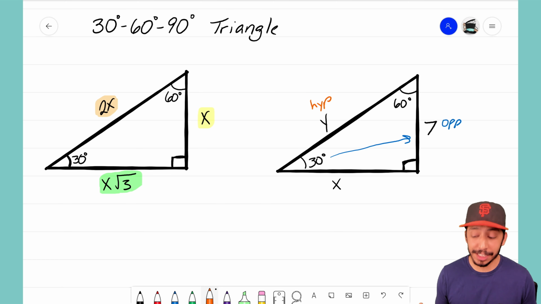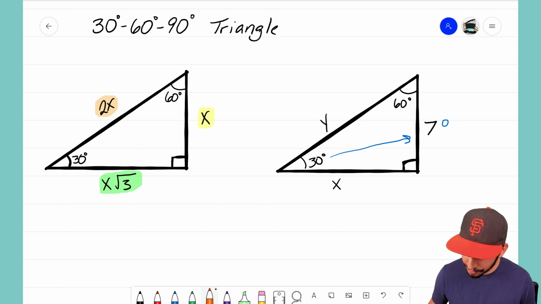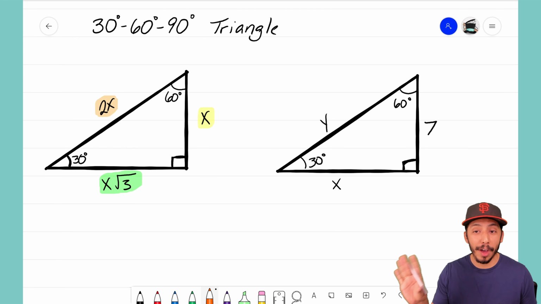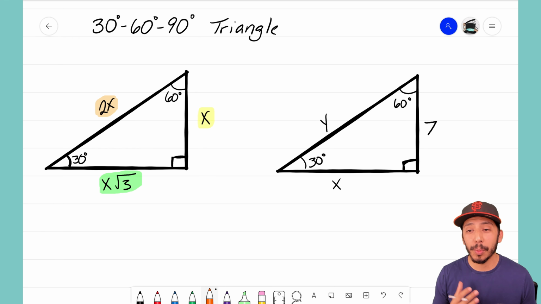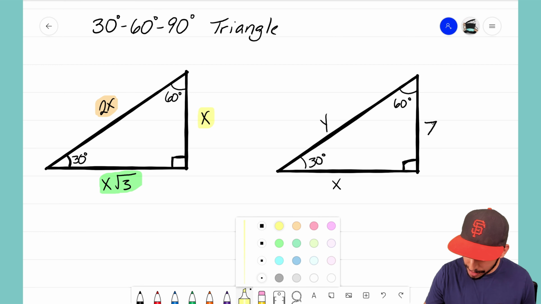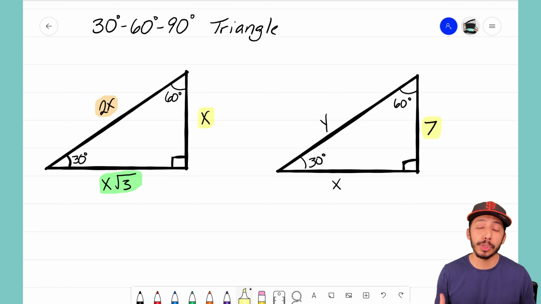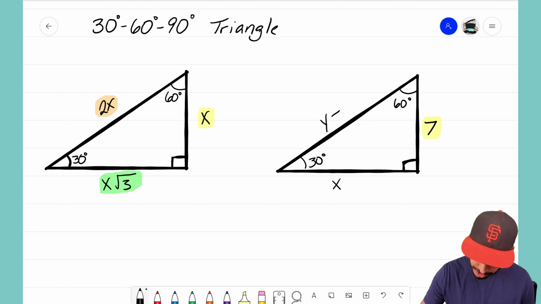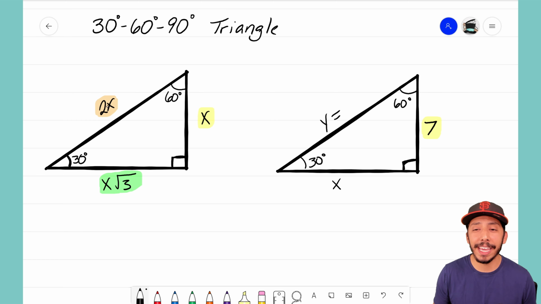But now there's no need to do that because we have this shortcut on the left, which is a 30, 60, 90 right triangle. What that tells us is that since I know my short leg is 7, to find my hypotenuse, I just need to take that short side and multiply it by 2.